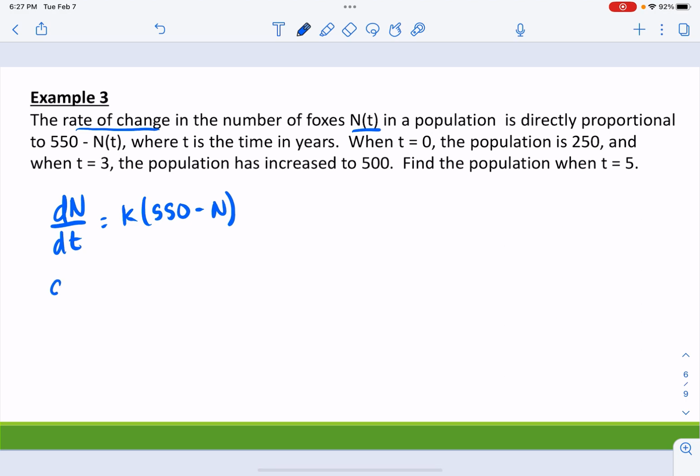So now dN over 550 minus N equals k dt. I don't know what my problem is today. Separate out your variables. Take your antiderivative; if you need to show the u substitution for this, make sure you do that.